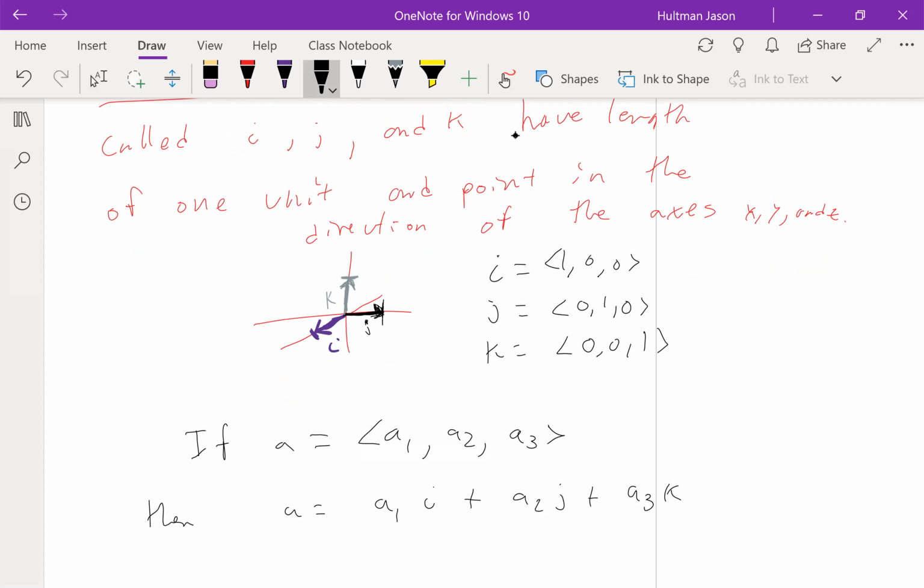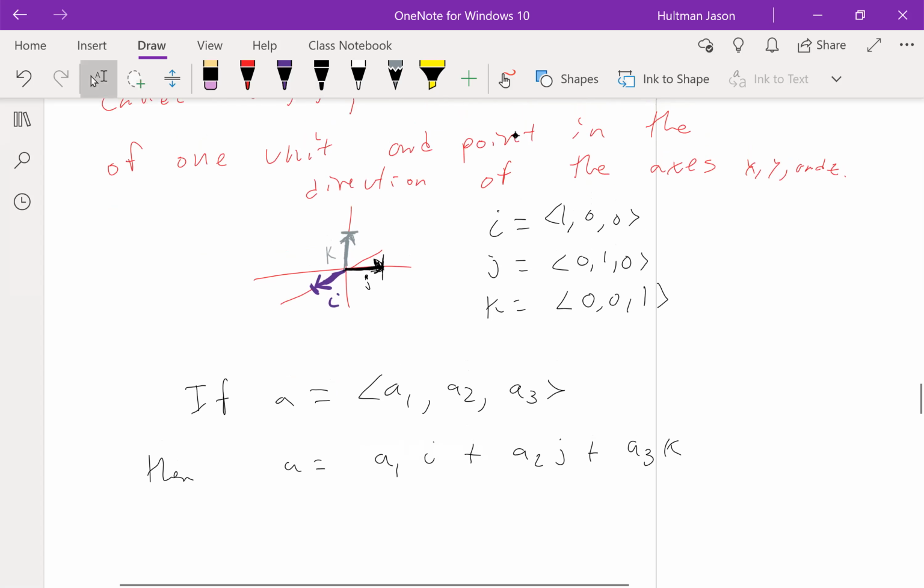Because I'm going to get the exact same result if I do this addition of these vectors. Okay, now why is that? Let's let A1 times I, right? Well, what is A1? That's just the component of my original vector. A1 times I is 1, 0, 0.